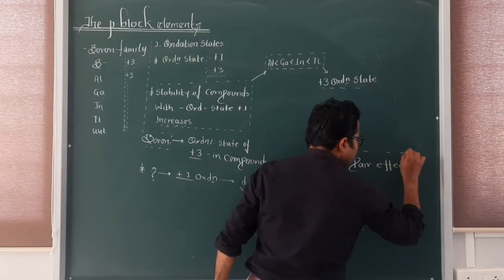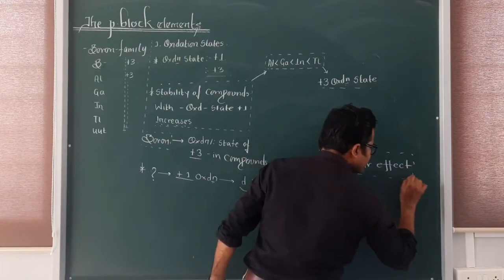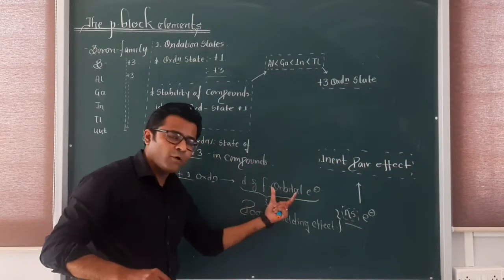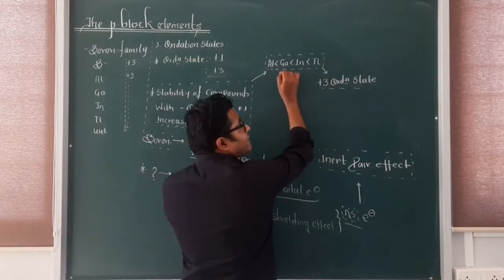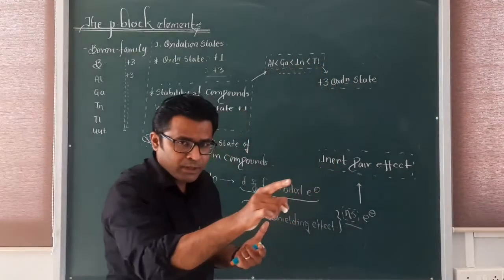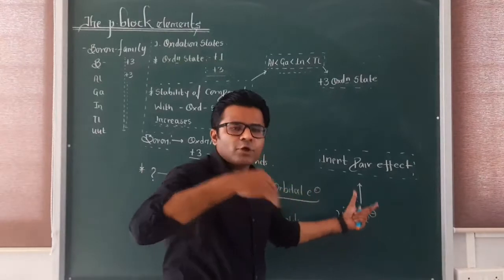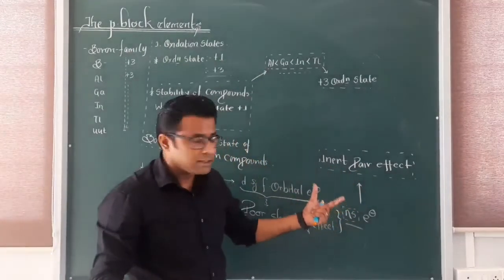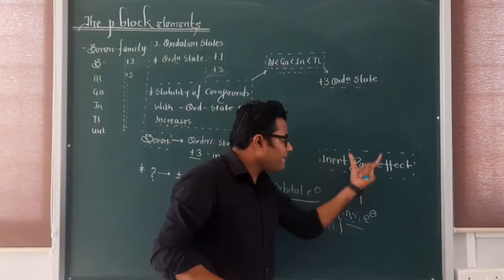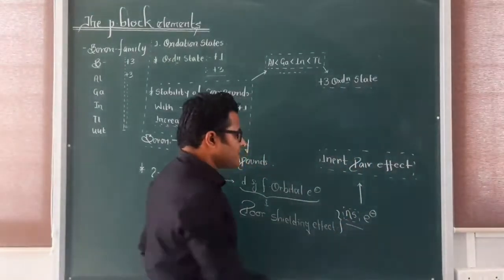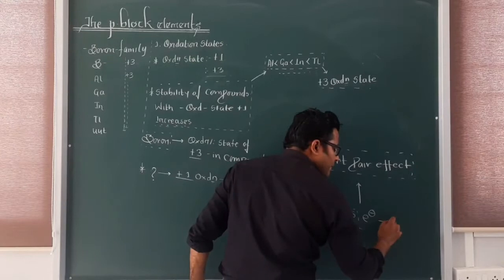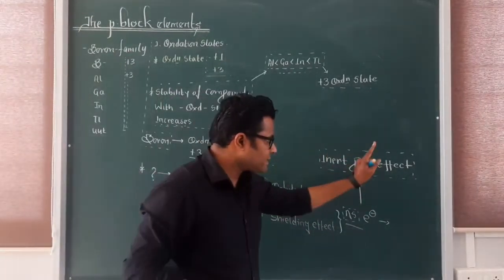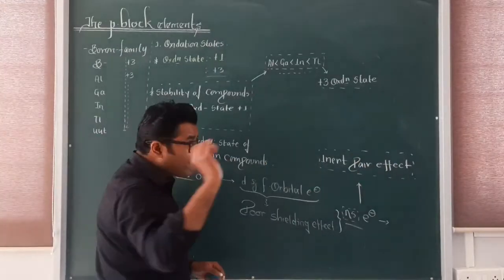Remember, the inert pair effect is generated because of the poor shielding effect of the d and f orbital electrons of the heavier elements, due to which these ns electrons are not participating in any reaction, therefore they are inert. So it's called an inert pair effect. These electrons are not utilized for bonding, thus it's an inert pair effect.